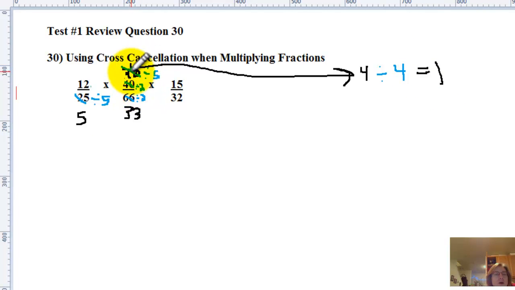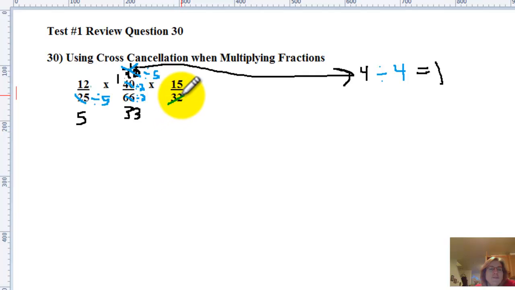So now I have a 1 as a numerator. Normally I would keep going up, but I can't. So what was I doing? I was dividing 4 by 4, so that means I have to divide by 4 on one of the bottom numbers. I'm going to divide it there.